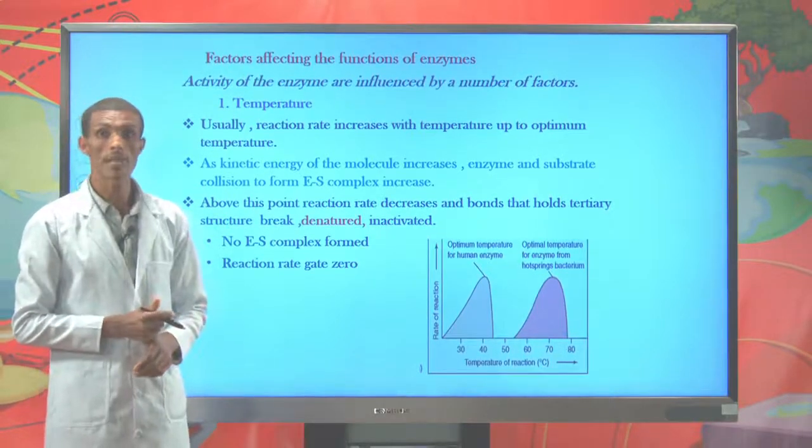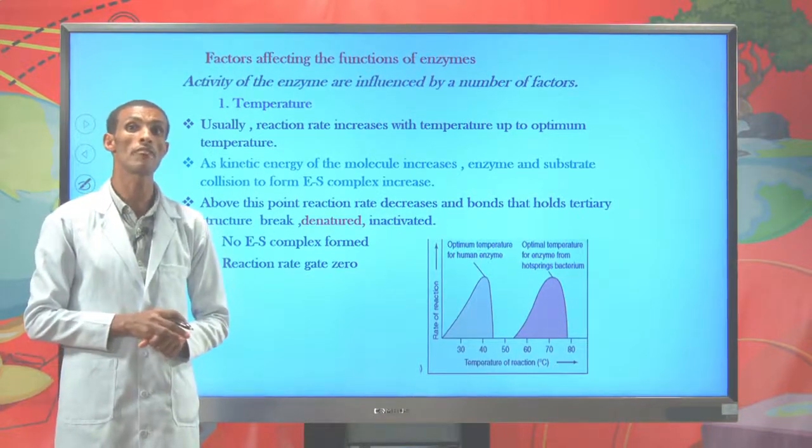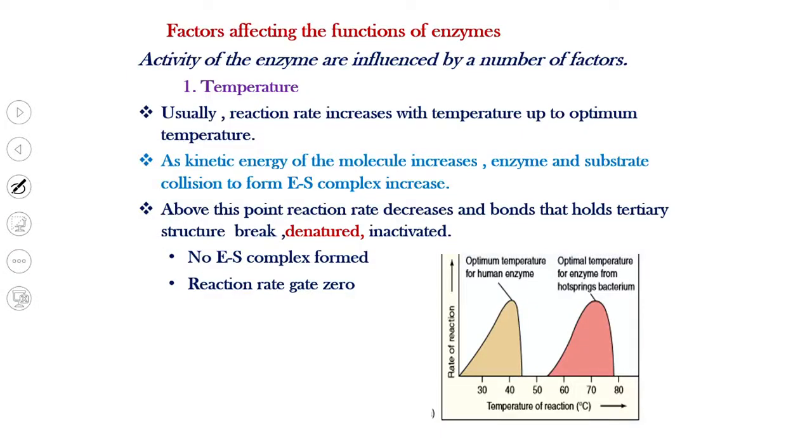Enzyme, as it is a protein, can be affected by so many factors. There are so many factors that affect the rate of enzyme action. The first most important factor that determines the rate of enzyme action is temperature.